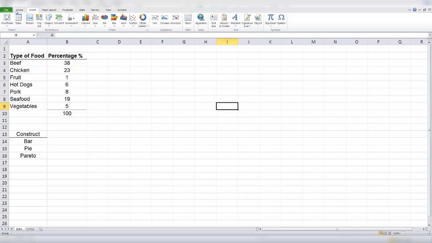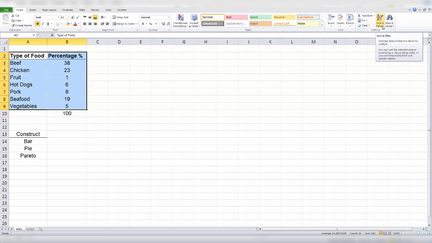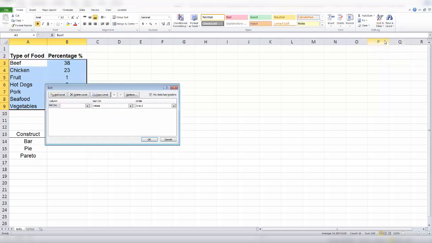So we need to sort our data. So let's go back to our home tab. And okay, so let's highlight our data. And then all the way here is our sort and filter. Okay, so let's do a custom sort. What we want to do is sort by the percentages.